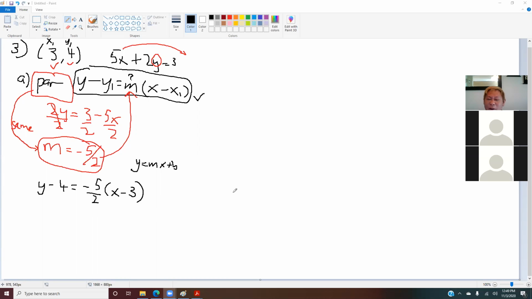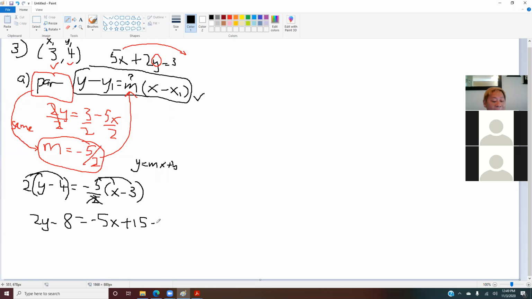If you have fractions, get rid of them first. Like just now, the inverse function you did, I multiply this side by 2. So this 2 is gone. Now we distribute: distribute the 2 and distribute the negative 5 here. So you get 2y minus 8 equals negative 5x plus 15.